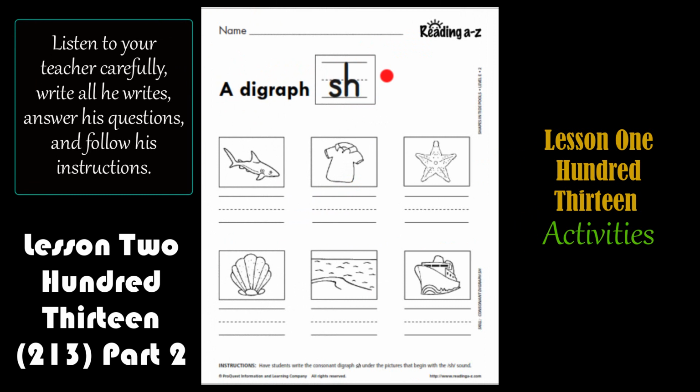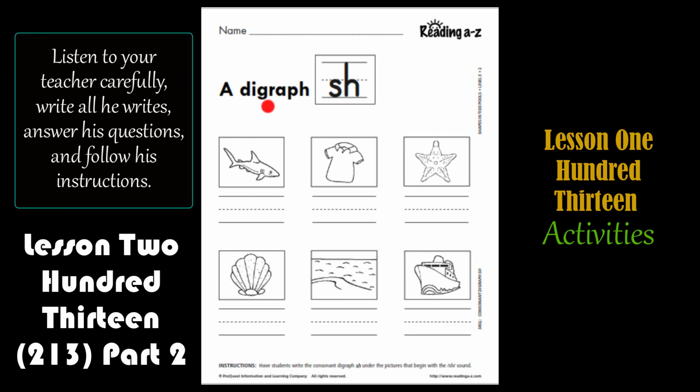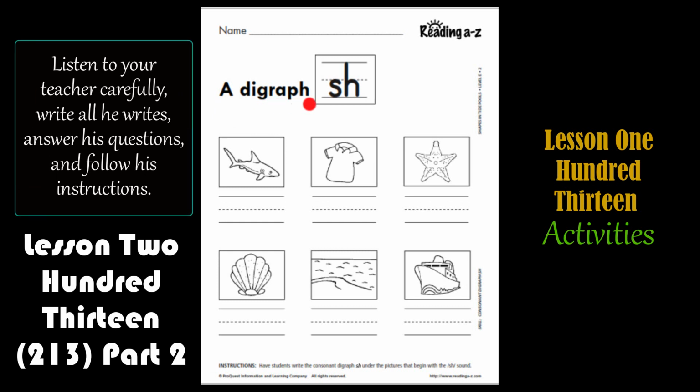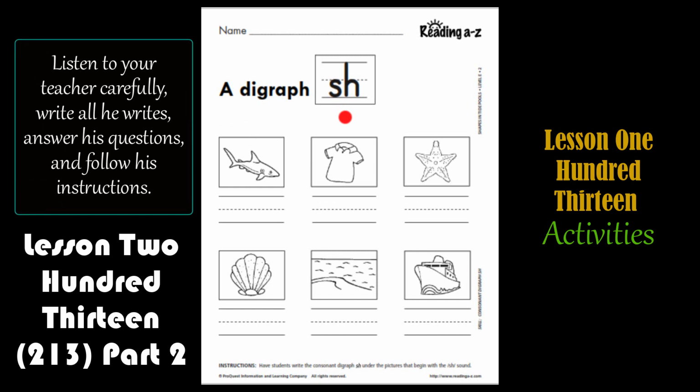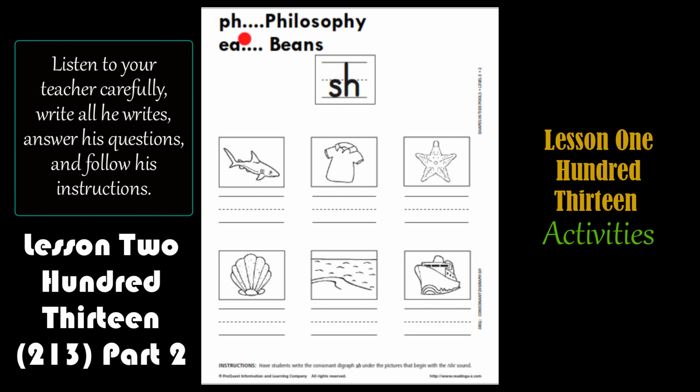Let me start activity 2 by saying that the SH, this combination of consonants, this combination of letters, is called a digraph. And by definition, a digraph is a pair of letters, can be either consonants or vowels, that represent one single sound. Here are other examples of digraph.